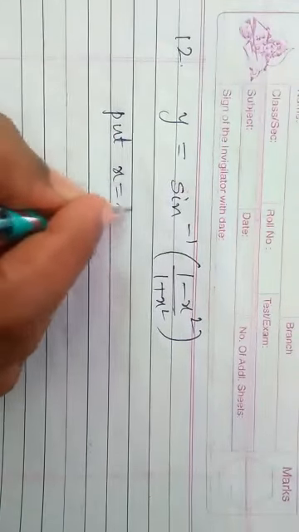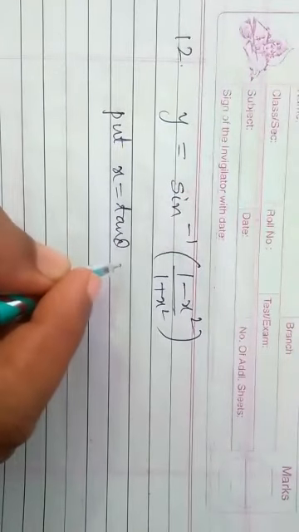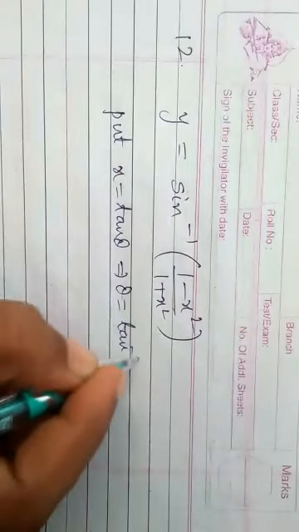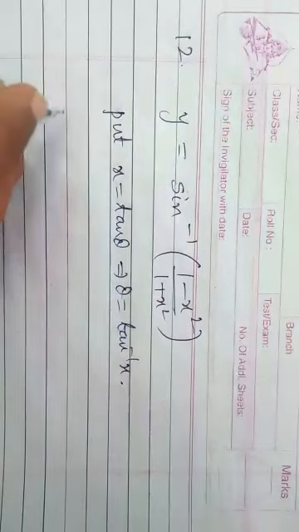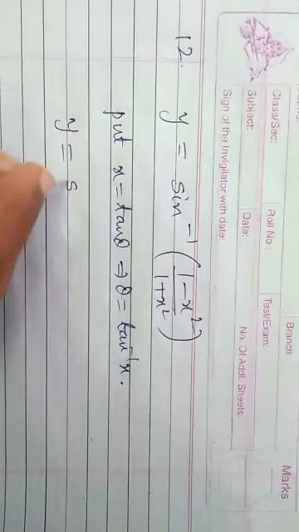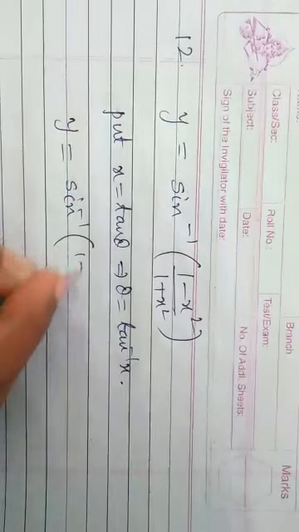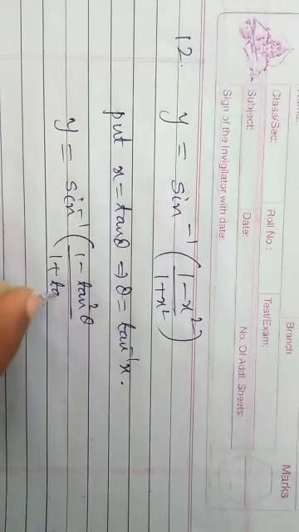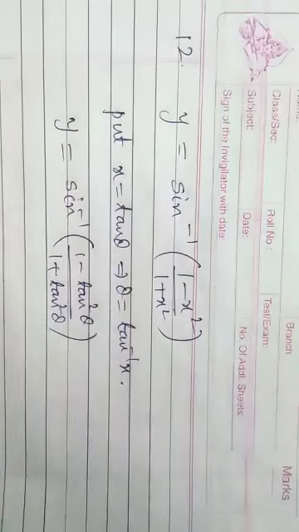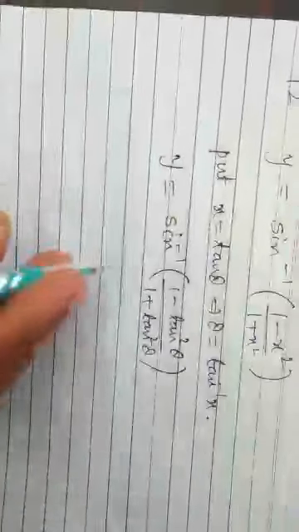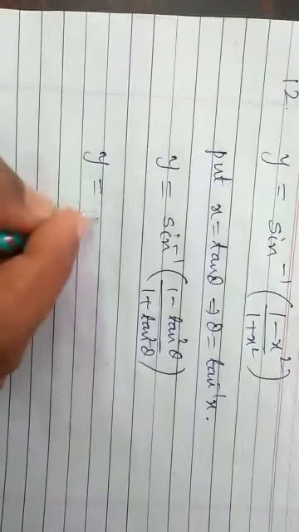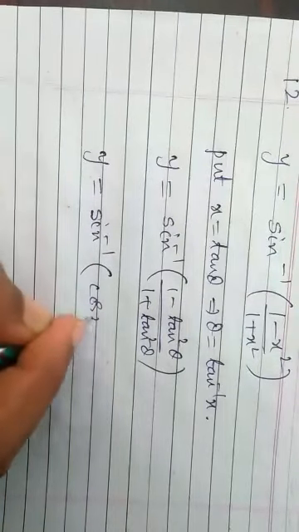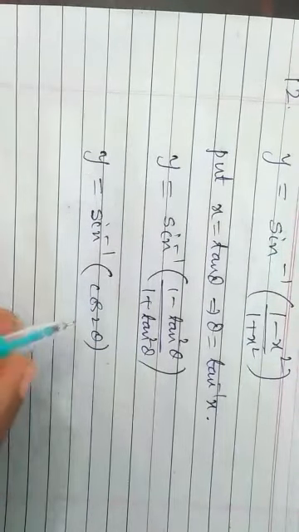Put x is equal to tan theta, and that implies theta is equal to tan inverse x. Y is equal to sin inverse of 1 minus tan square theta by 1 plus tan square theta. Already in the previous problem we discussed, 1 minus tan square theta by 1 plus tan square theta is nothing but cos 2 theta.